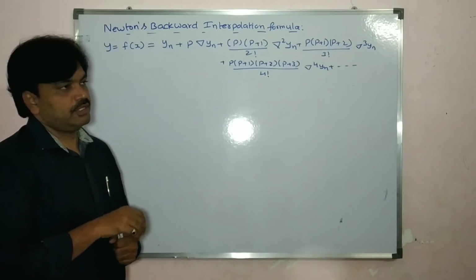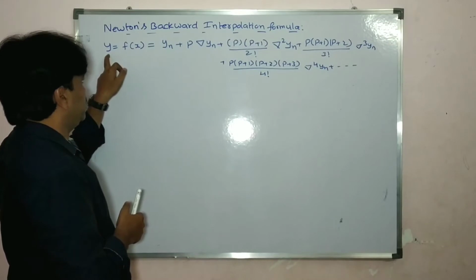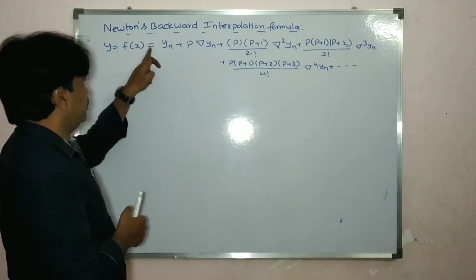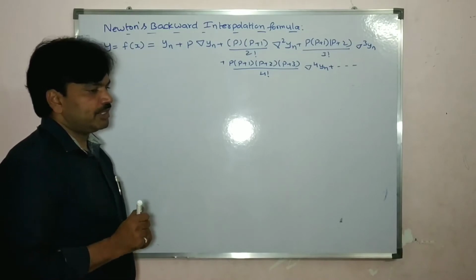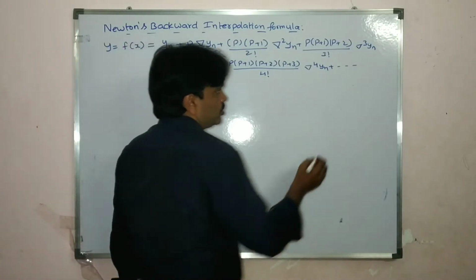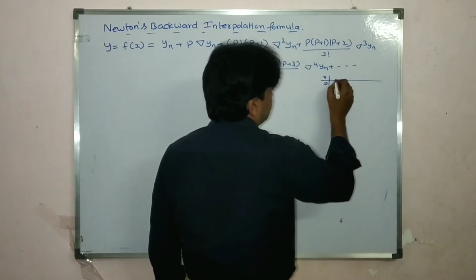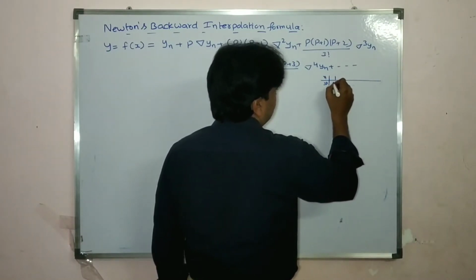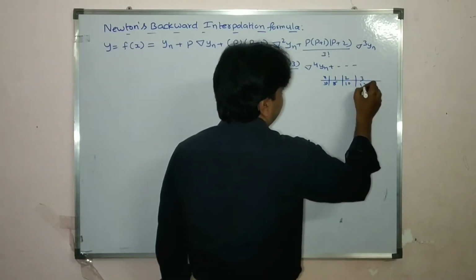Once again, students, y is equal to f of x. We are finding the y value at the point x. What is yn here? Suppose I draw a table like this, x and y. If I write 1 or 5, 2, 10, 3, 15 like this.